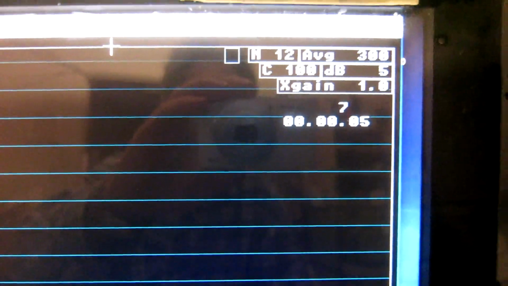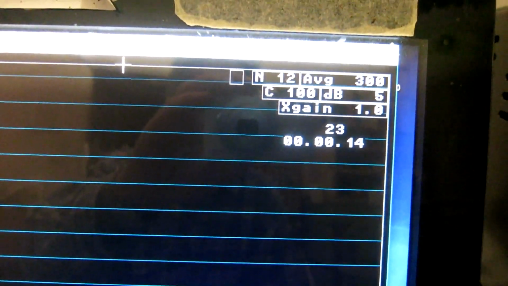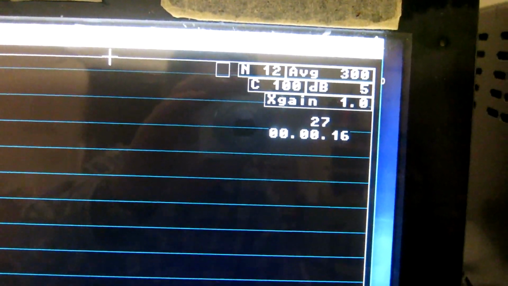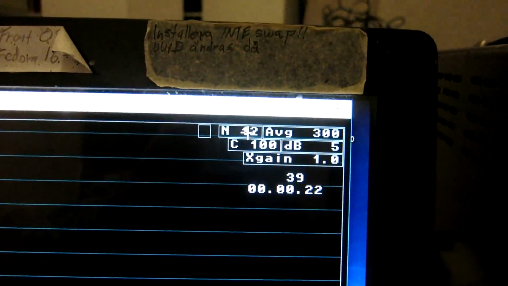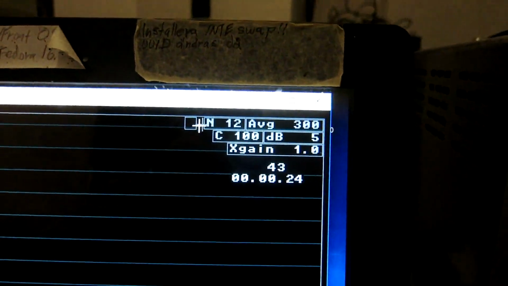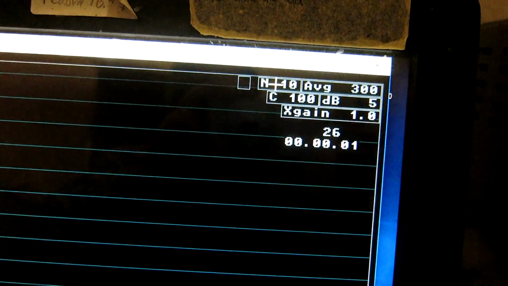It takes about 1.5 hours to collect enough spectra to get a good estimate for the sideband noise of this oscillator. I can select a smaller transform. I go for 12 here on N. It was 12. I changed that to 10. Now it will run 4 times faster.